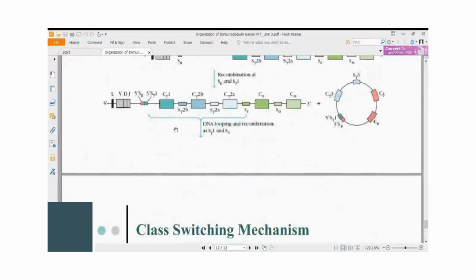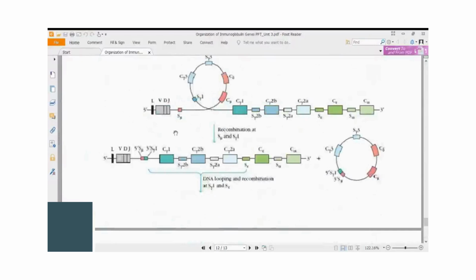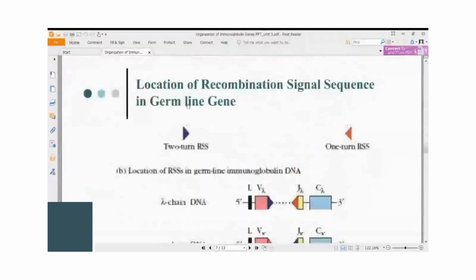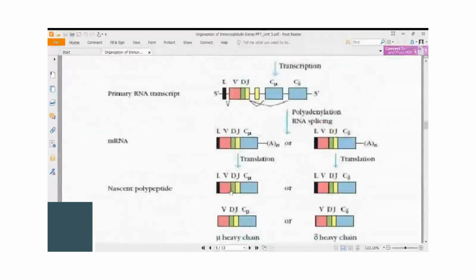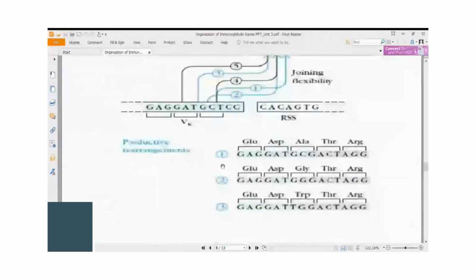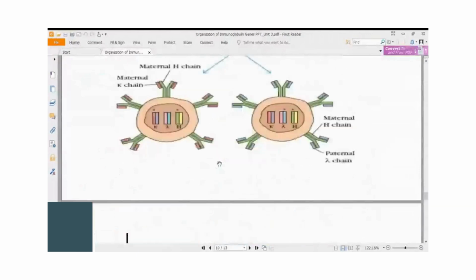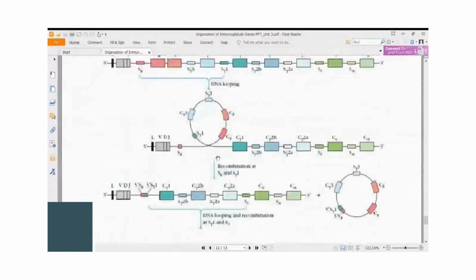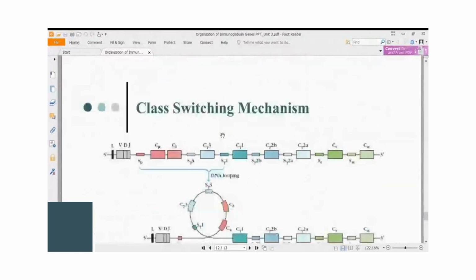Whichever the receptor that was chosen with low or high affinity, it will finally decide to produce the antibody IgG, and that IgG will show this class switching mechanism from mu and delta with the same VDJ combination which was used for the production of IgM and IgD. The same VDJ will be used for recombination to produce Ig gamma or Ig epsilon or IgA, which is called the class switching mechanism.